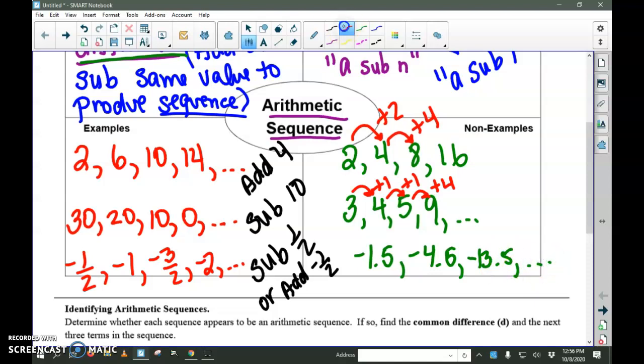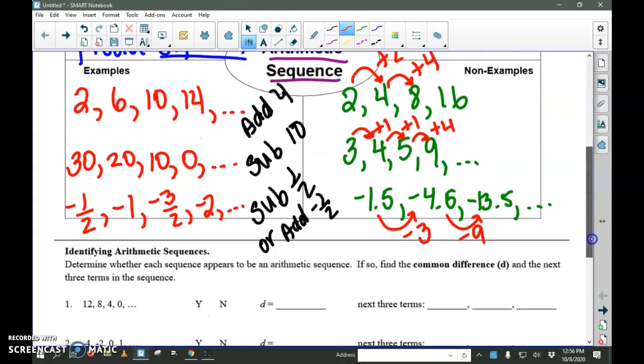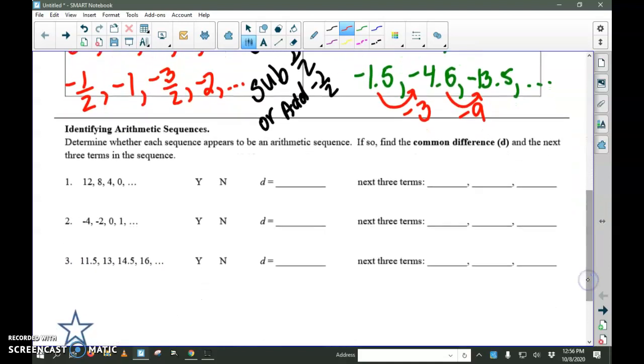Okay? So again, let's check. To get from negative 1.5 to negative 4.5, I'm subtracting 3. Well, to get from negative 4.5 to negative 13.5, I am not subtracting 3. I'm subtracting 9. And so again, not going to work because I'm not adding or subtracting the same number.